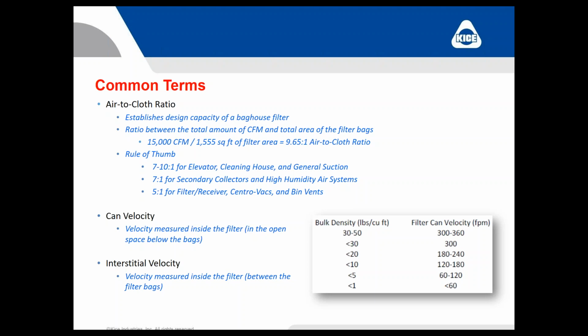I would love to give someone a definitive answer when they ask that very specific question, but it's difficult because once you take the bag area, in the case of my example here, I figured it had 1,555 square feet of filter area, and he wanted to use 15,000 CFM. So 15,000 divided by 1,555 is 9.65 to 1.